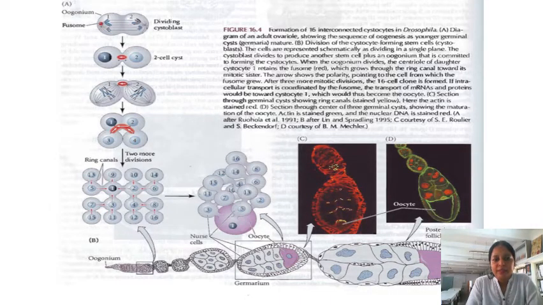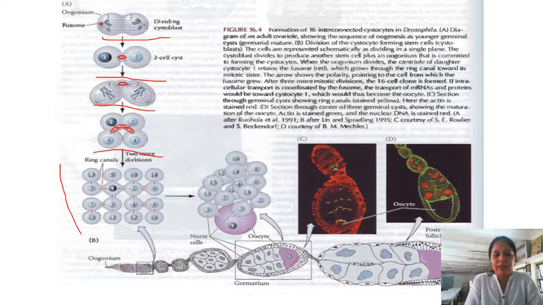So this is the slide which shows how nurse cells and the oocyte are derived in insects from a single oogonium. You can see this is a single oogonium. It divides into two, then again it divides into four, ultimately it divides into 16 cells. Now the thing you should notice here is this red structure which is labeled as the fusome.